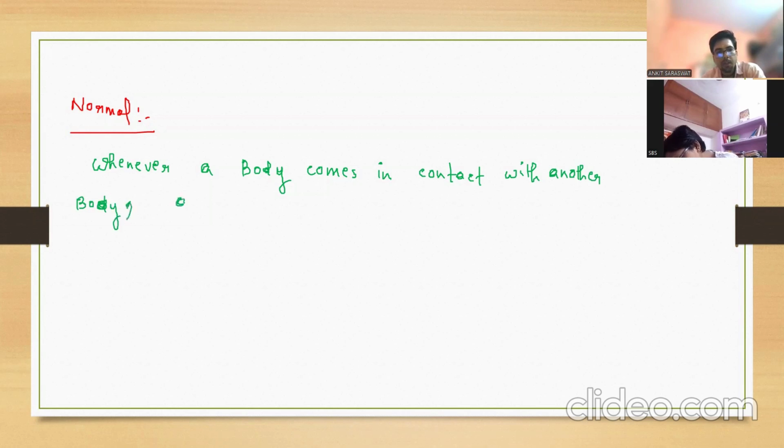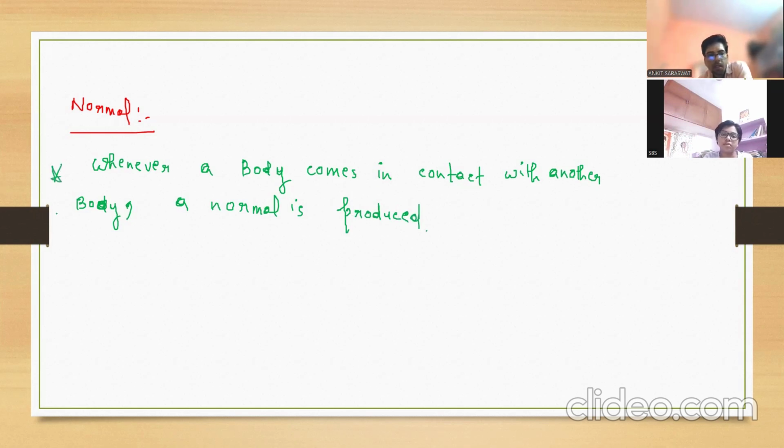So the condition is, when a body comes in contact with another body, a normal is produced.